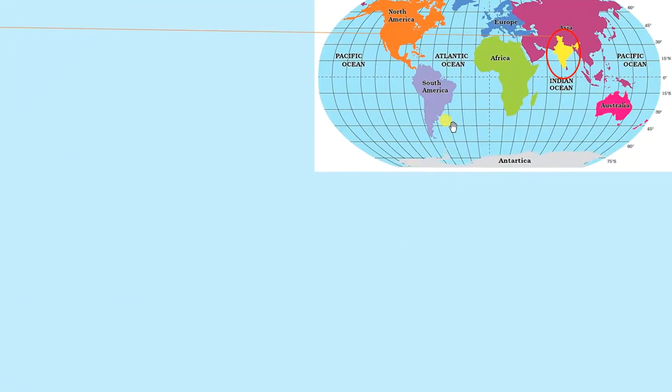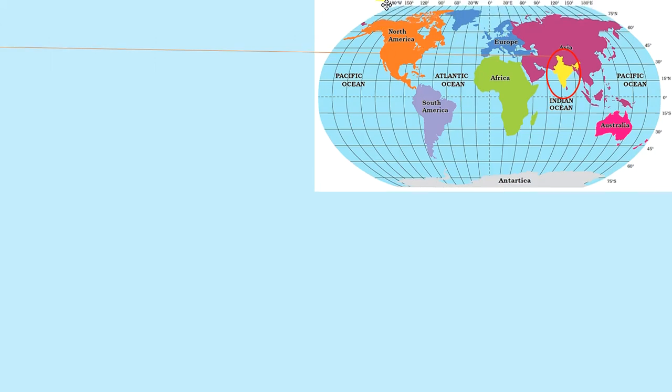Students, again, if you see this 0 degree to 180, now it is visible on your screen. The latitudes start from 0 degree to 90 degree at the poles, on both sides.